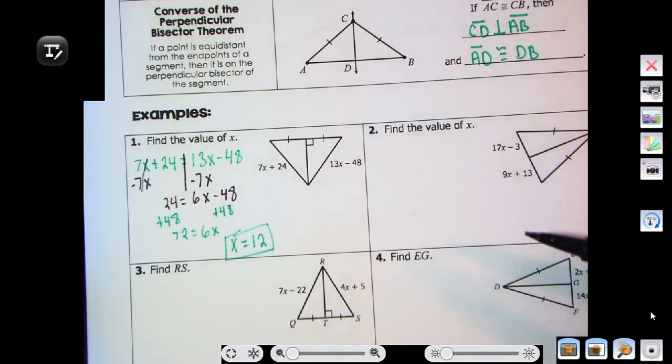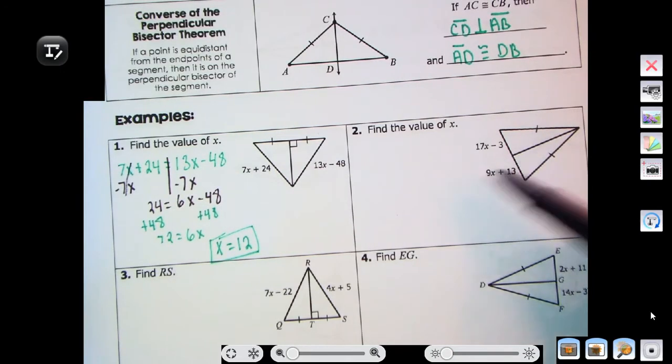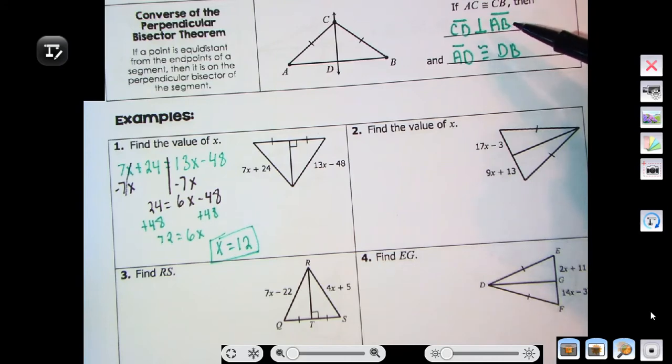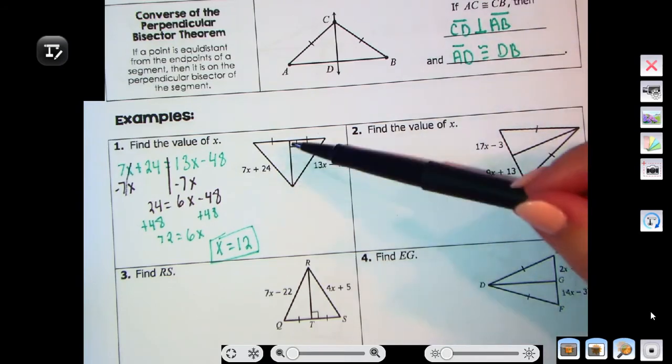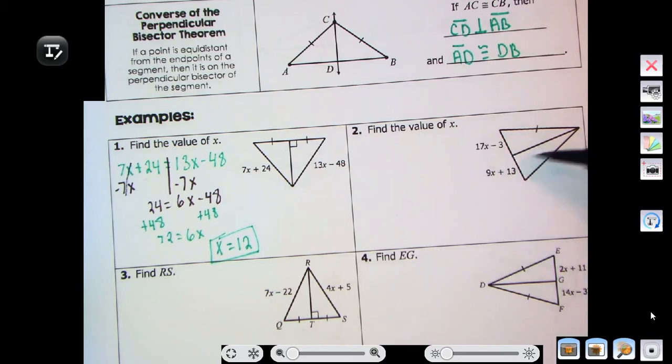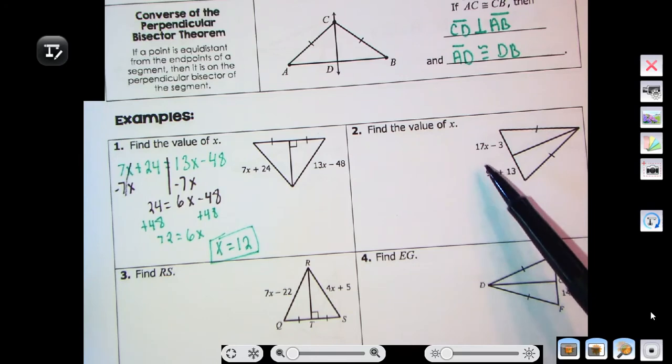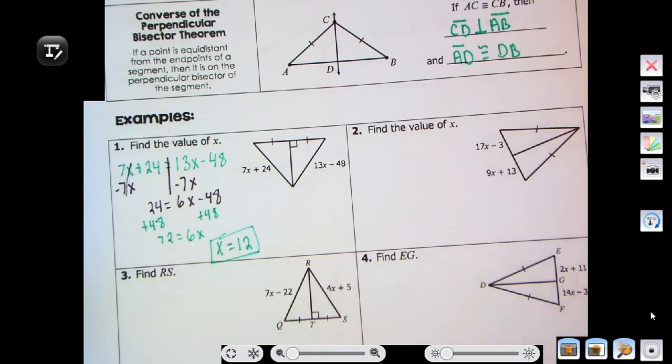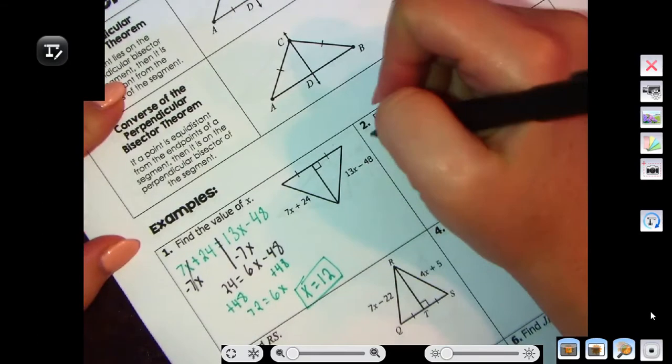So now, if you notice, we're looking at the converse. So instead of having this perpendicular bisector noted and these two equal to each other, we just have that these two side lengths here are equal to each other. So then we would infer that these two are also equal to each other. So I'm going to set those two equal to each other and solve.